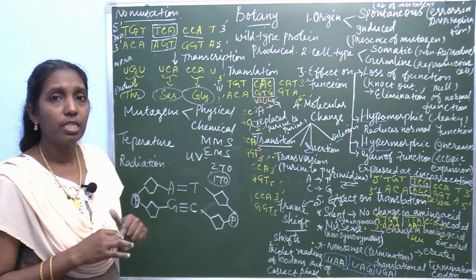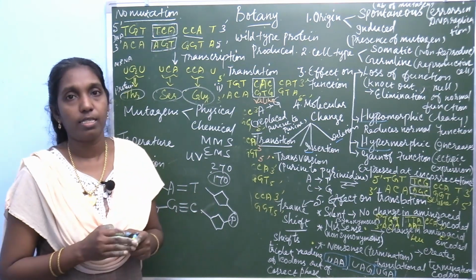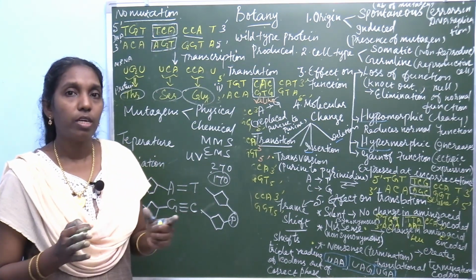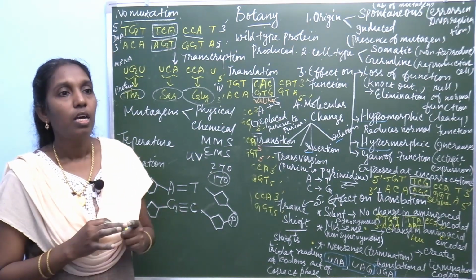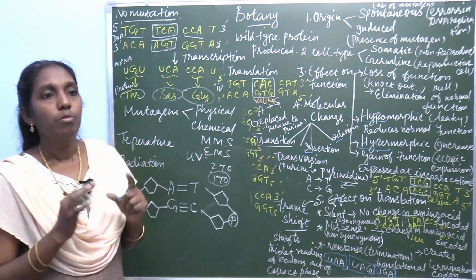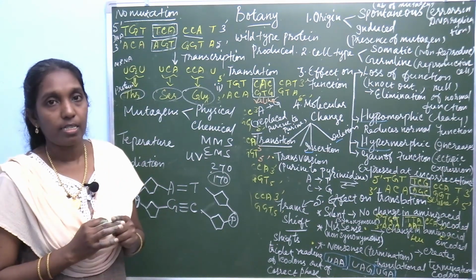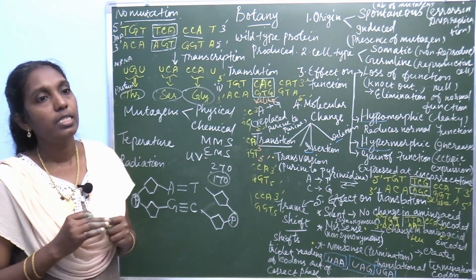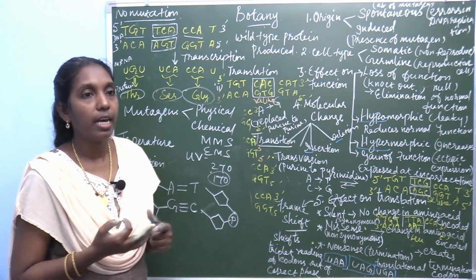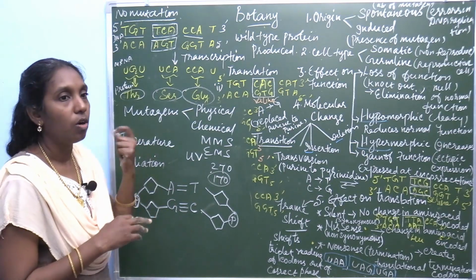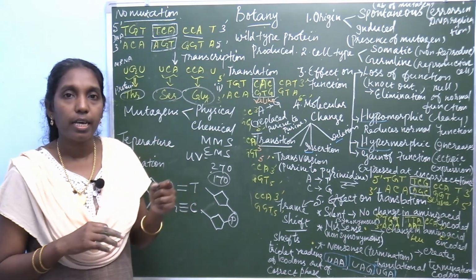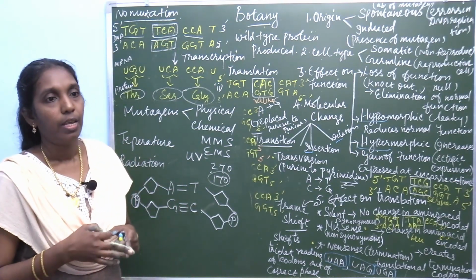Then another mutagenic agent is co-mutagens. These compounds do not have mutagenic properties themselves, but they can enhance the effects of mutagens, so they are called co-mutagenic agents or co-mutagens.